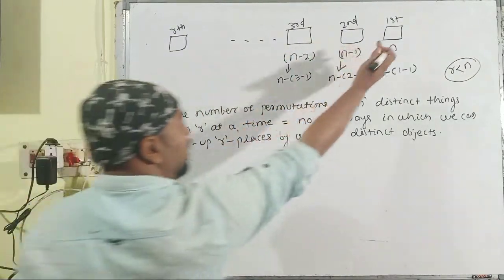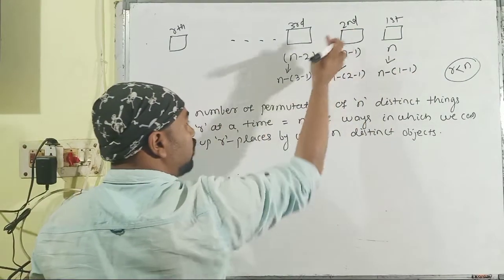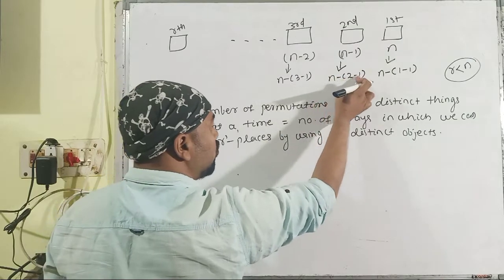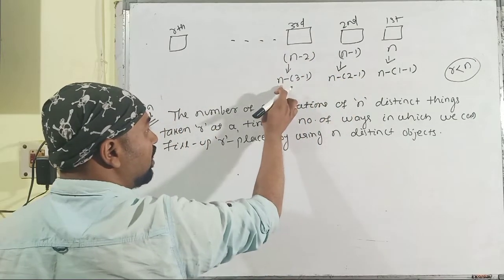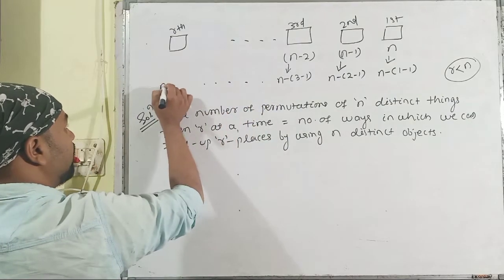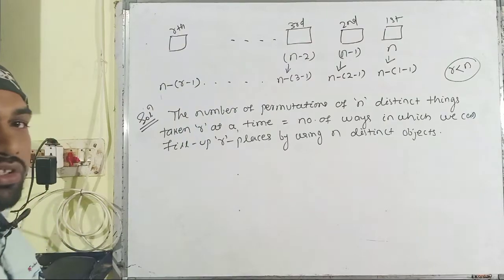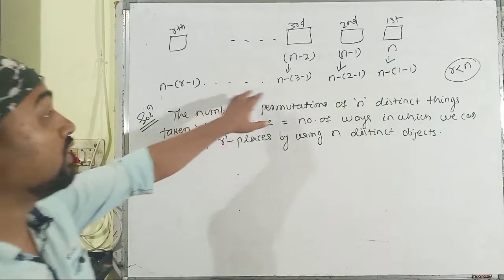Similarly, the first position can be filled up in n minus 1 minus 1 ways, the second position in n minus 2 minus 1 ways, the third place in n minus 3 minus 1 ways. Similarly, the rth place can be filled up in n minus r minus 1 ways. So this is the need of this conversion.